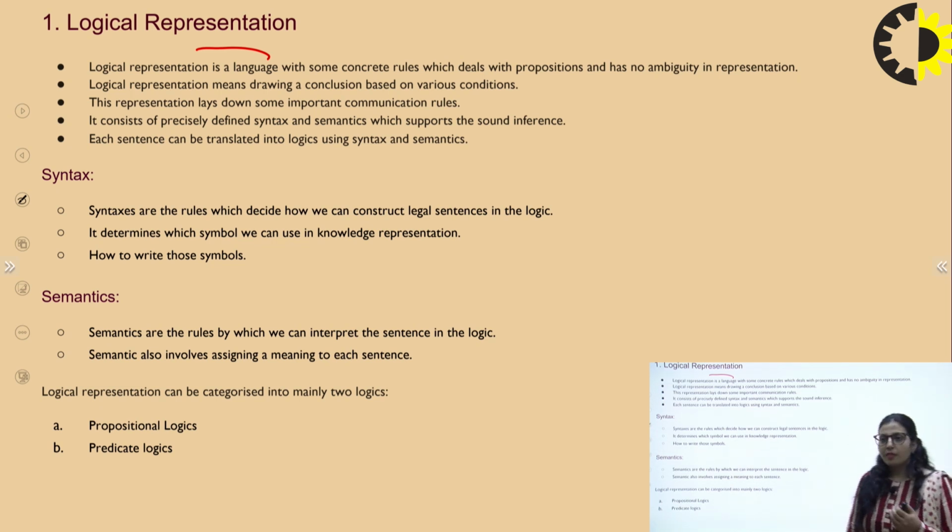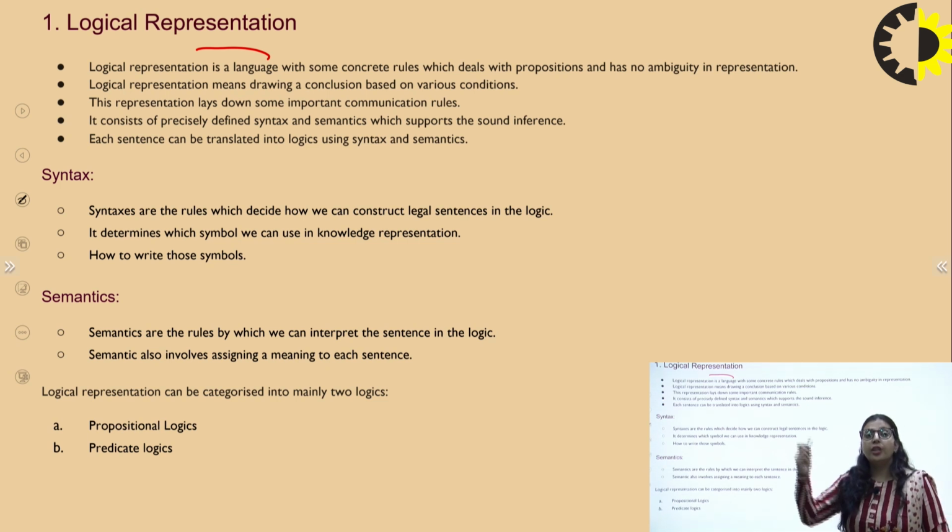Basically, if we already have some facts and want to generate new knowledge using them, then that knowledge should have a specific syntax as well as semantics so that it can support the already stored knowledge in the knowledge base. Each sentence in it can be translated into logic using that syntax or semantics.